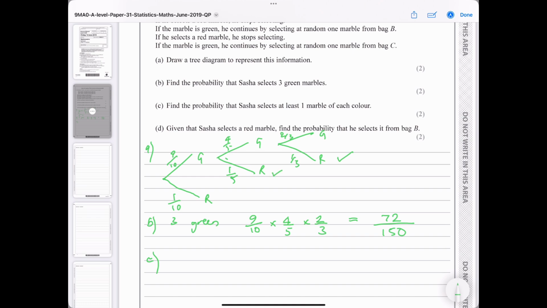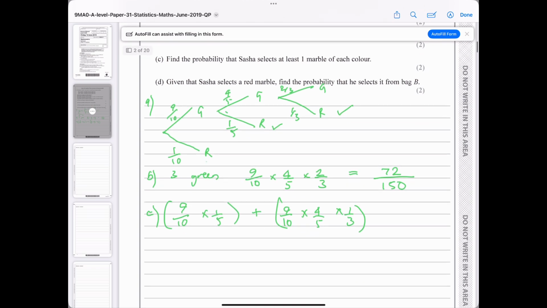So it could either be 9/10 times 1/5, plus 9/10 times 4/5 times 1/3.